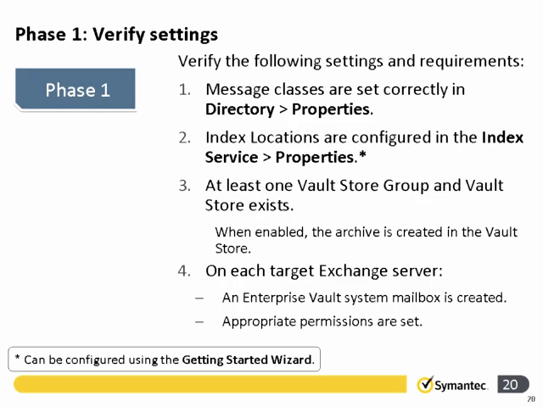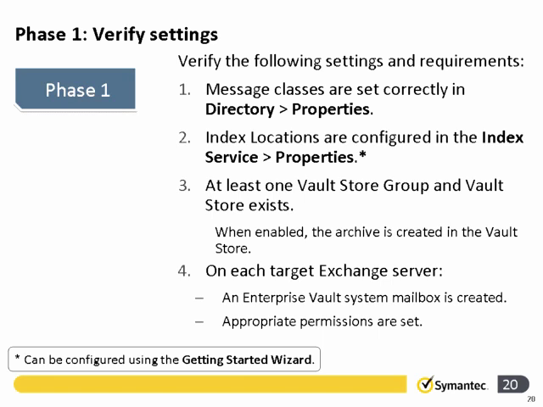So first is verifying the settings in phase 1. One of the first things that we need to do is open up the properties associated with the directory itself and verify that they are correctly set. You also need to verify that we've created the indexing locations, and in an earlier lesson we talked about that being one of the things that you would typically configure prior to configuring the Vault storage infrastructure.